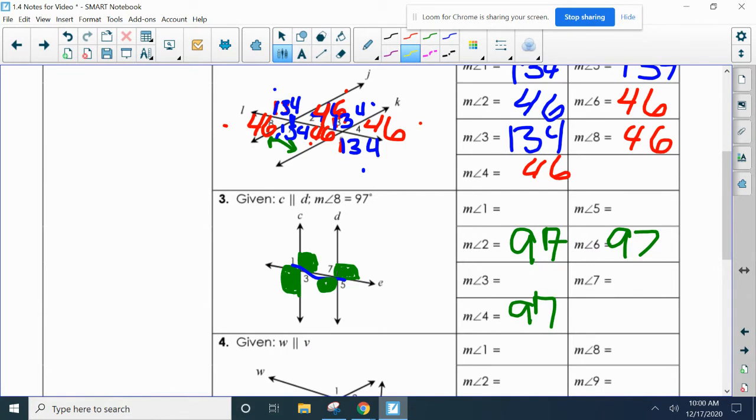Okay, well, I know that 8 and 1 are supplementary. So if I take that 97 from 180, I'm going to get 1. It's 83. I know 1 and 3 are vertical, so they're congruent.